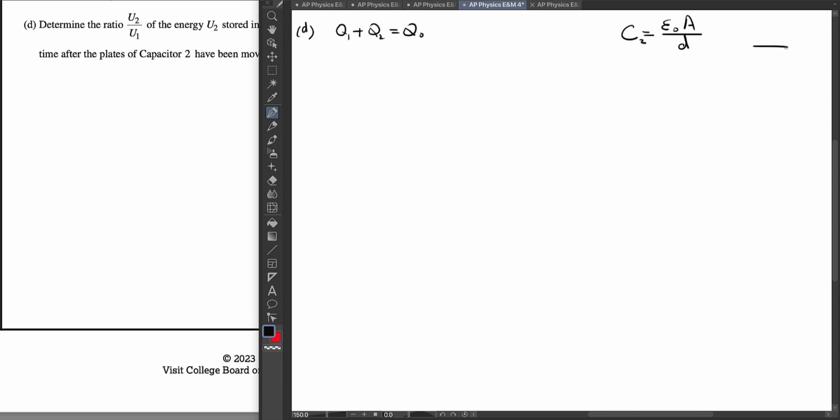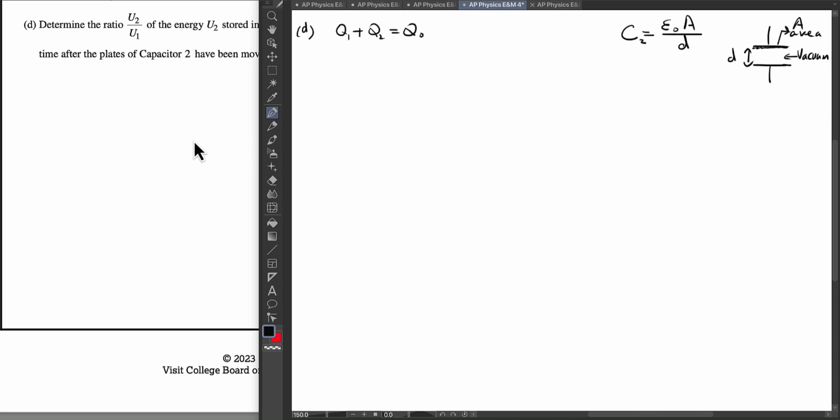Okay, so here's the geometry. So we have, let's say it's vacuum inside. So we have epsilon naught, and A is the area. So this area is A. And D is the separation between them, right? The distance between the two plates.